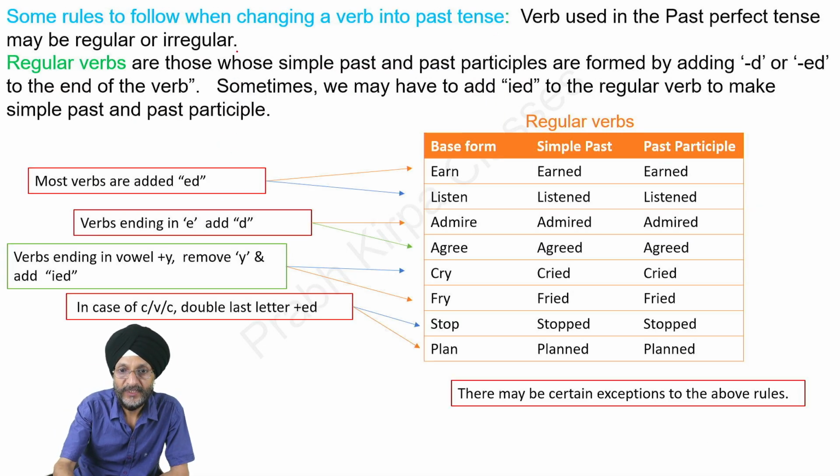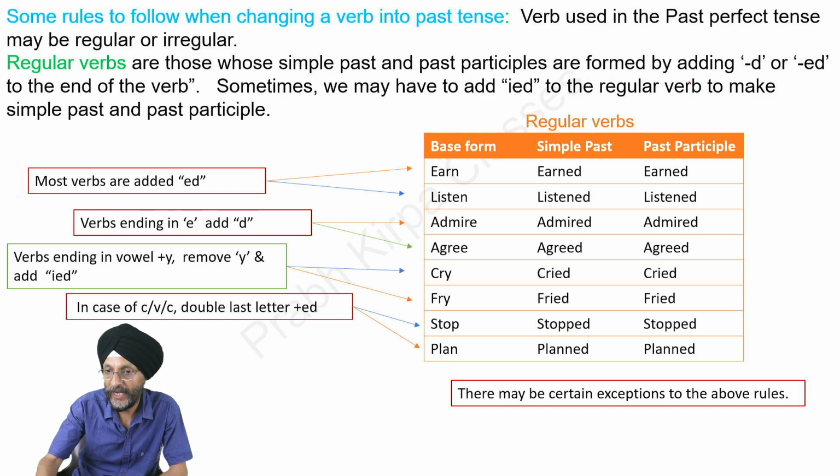There are certain rules which we have to follow when changing a verb into past tense. Verbs used in past perfect tense may be regular or irregular, as already told in the previous videos, that regular verbs are those verbs whose simple past and past participles can be formed by adding d, ed, or sometimes ied.